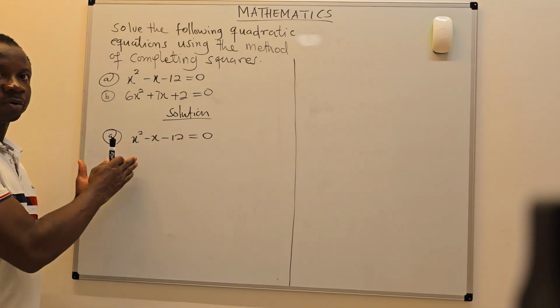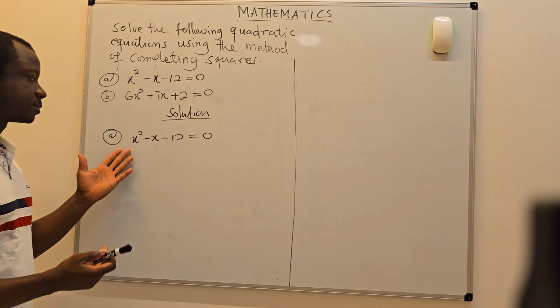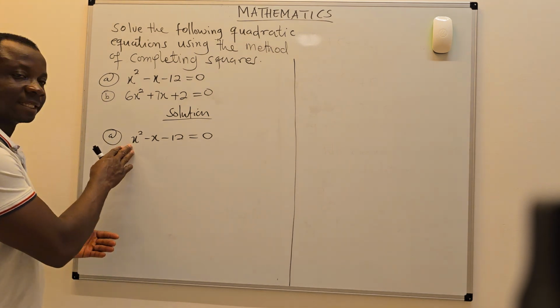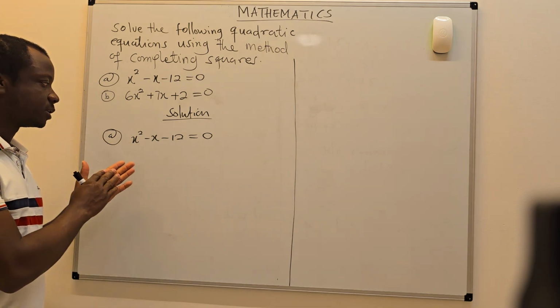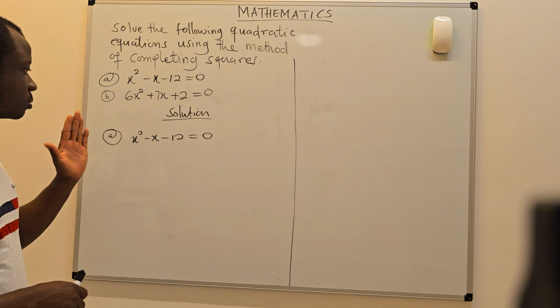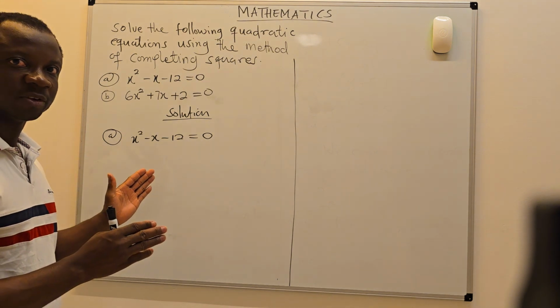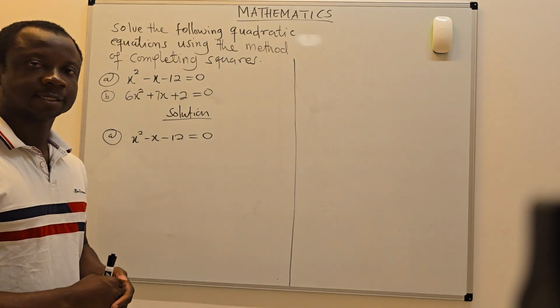This is very simple for us because there's no number attached to it, so technically the coefficient is 1. We will consider that first before we think about the second step.